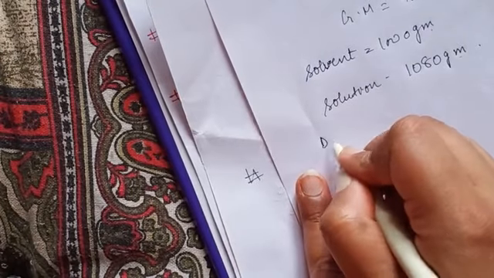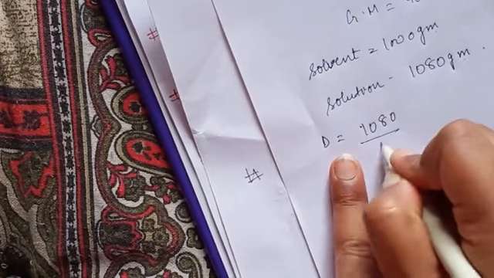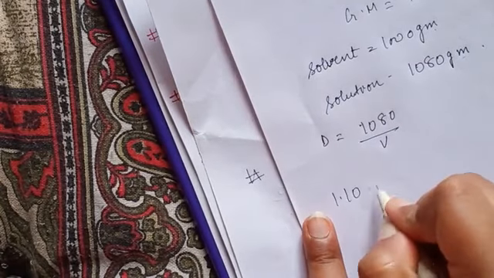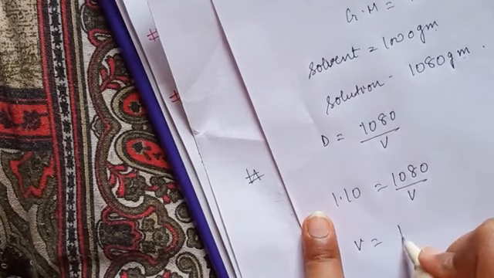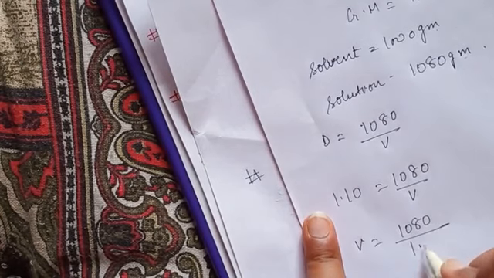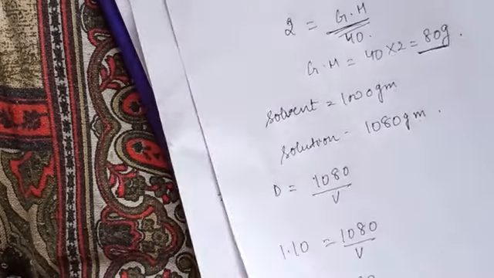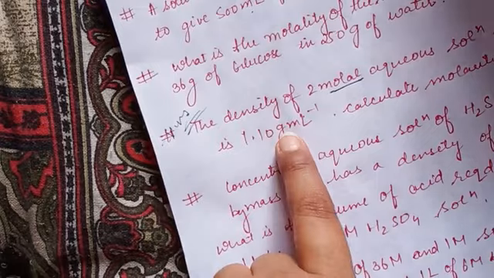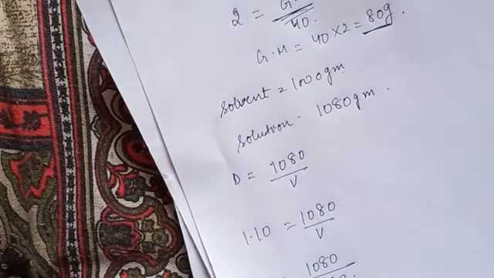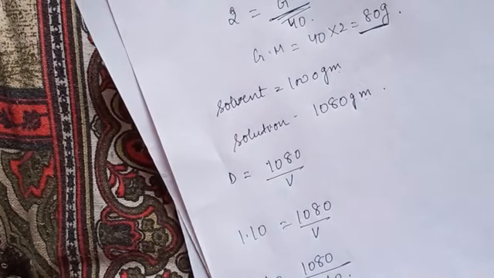Now density we are already given, mass of the solution we have found, volume we will find. 1.10 is equal to 1080 divided by volume. So V is equal to 1080 divided by 1.10.